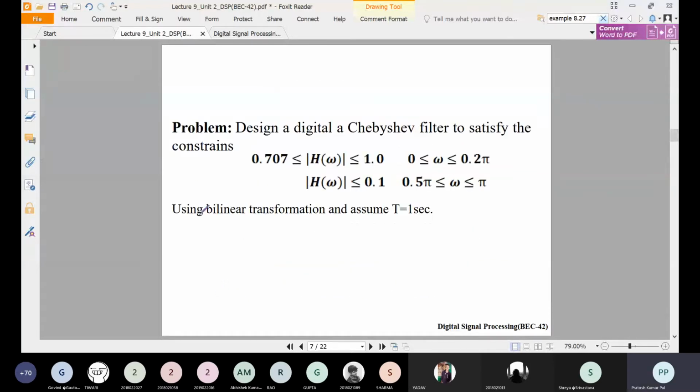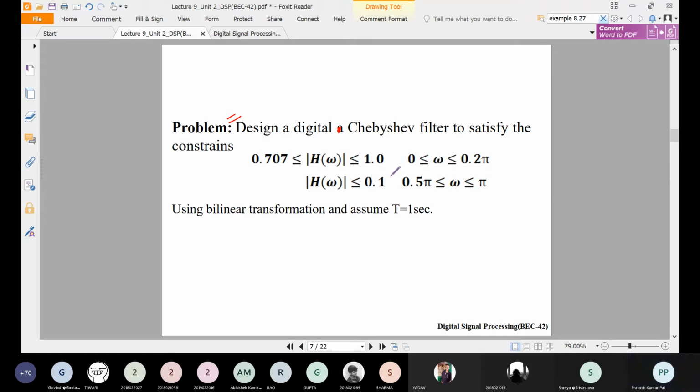The next question is that you need to design a digital Chebyshev filter to satisfy the constraints. These are the constraints. By seeing this, you can see what filter it is.